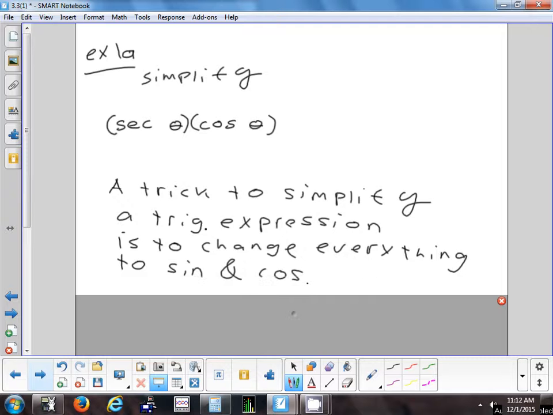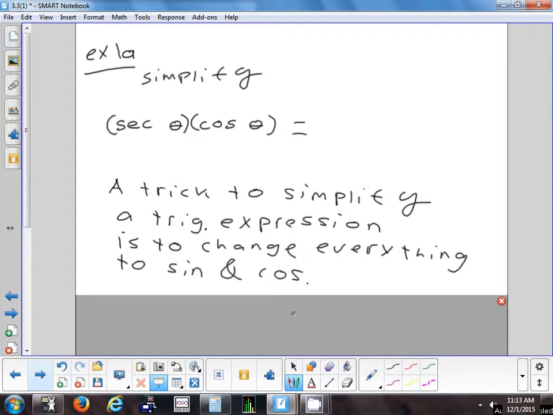Okay, and one trick we can use to simplify a trig identity is to take everything that's not a sine or a cosine and rewrite it as sine and cosine. Okay, we said that earlier. We can write anything you want just with sines and cosines. And a lot of times if you do that, things will cancel out. If something is already written as a sine or a cosine, we're going to leave it. Okay, in this problem. Just leave it.